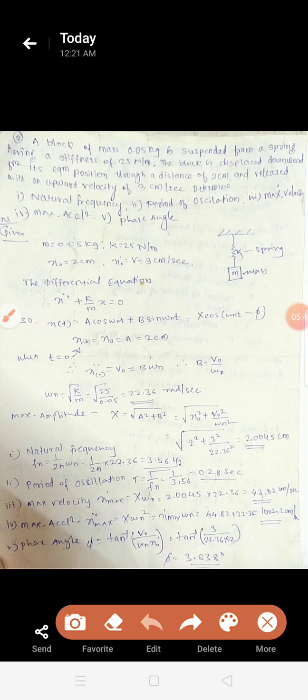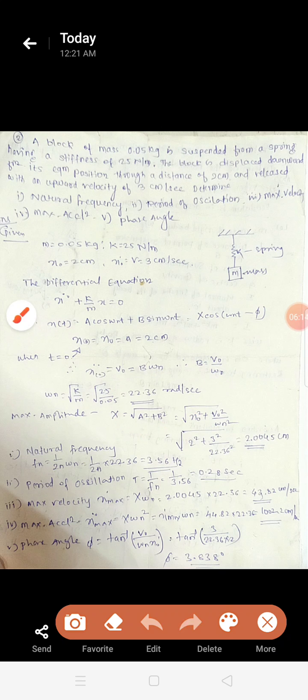To calculate it, we know that omega n is equal to root of k by m, that is root of 25 Newton per meter divided by 0.05 kg, which comes to 22.36 radian per second.